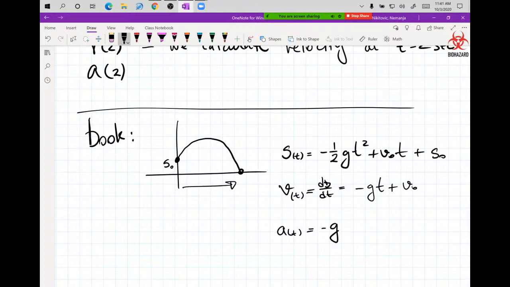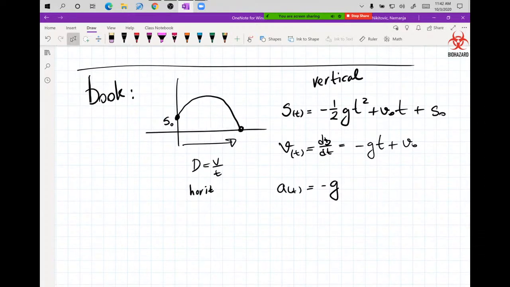For the x motion, the horizontal one, you are using that good old distance equals velocity times time. So this is vertical and this is horizontal. So you understand all of physics and kinematics very, very easily.